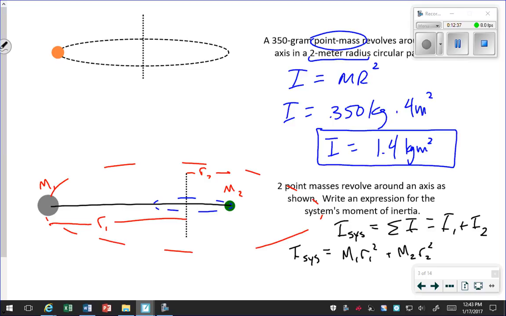So when there's not just an object, but multiple objects, a system's moment of inertia has to account for the distribution of stuff, where it is, how massive it is, not what it looks like, but where stuff is and how massive stuff is. Okay?